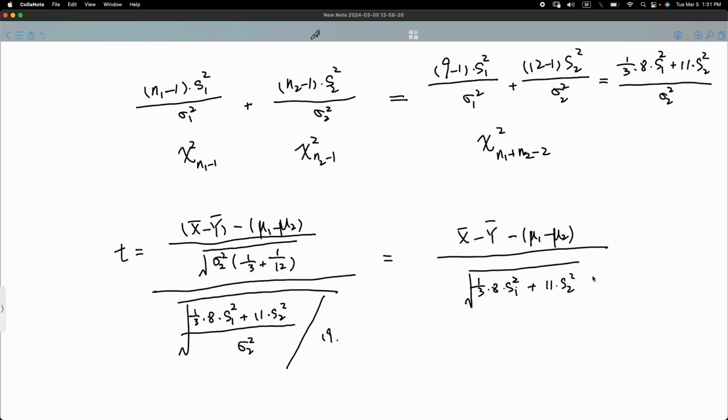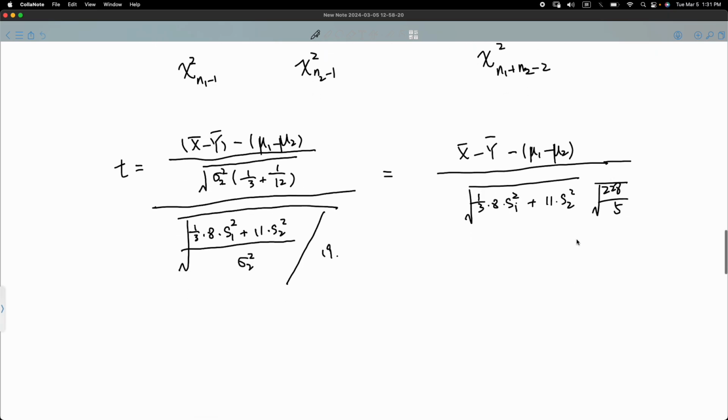And there's also a constant term, so 228 over 5. So if you calculate or simplify this form, you will end up with this. Okay, and this is following a t distribution with degree of freedom 19.